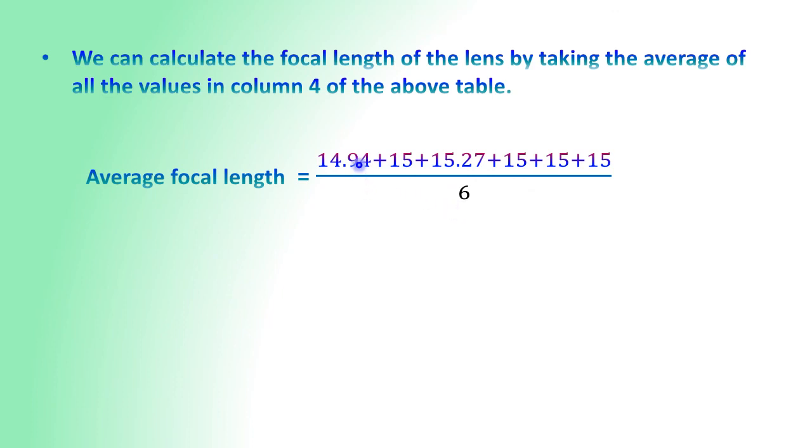We calculated all these F values previously. So, average focal length equal to 90.21. This is the sum of all these values. 90.21 divided by 6 equal to 15.04 centimeters. Now, what are the precautions to be taken?